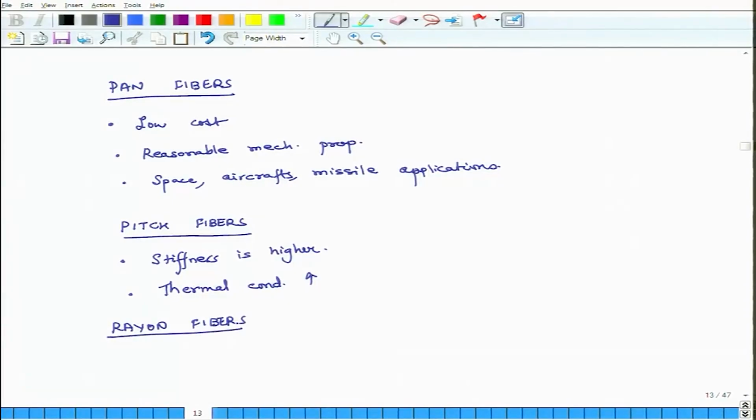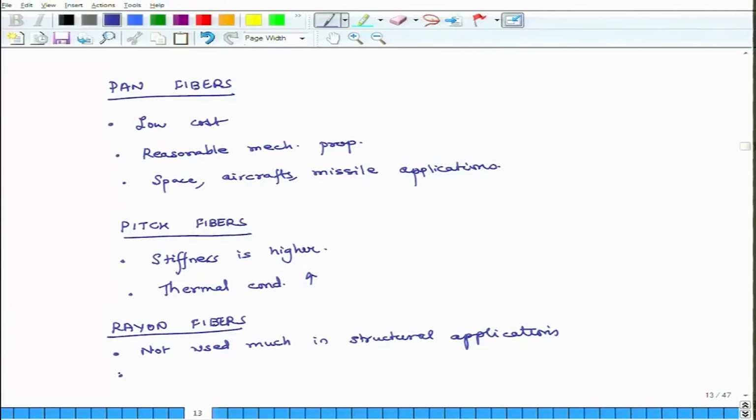Rayon fibers are not used much in structural applications.